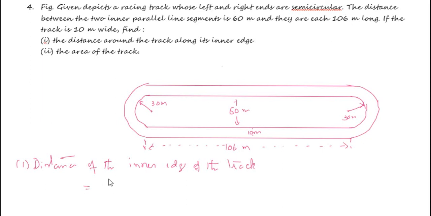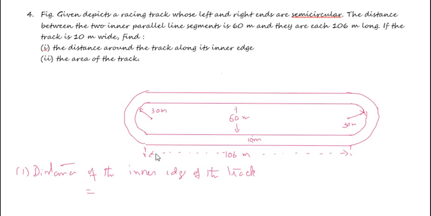That is equal to the walking distance: from this point you walk and come back to the same point again. It is 106 here, same 106 here also, so 106 into 2. Then the semicircular parts here and here make one full circle of radius 30 meters. So the perimeter of the circle with radius 30 meters.